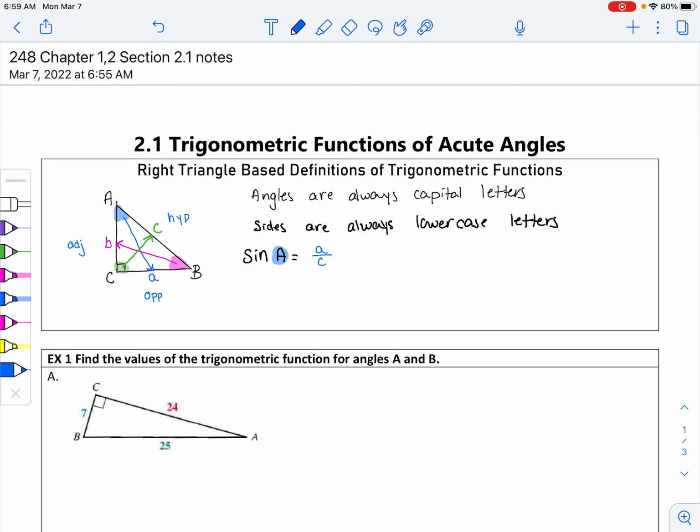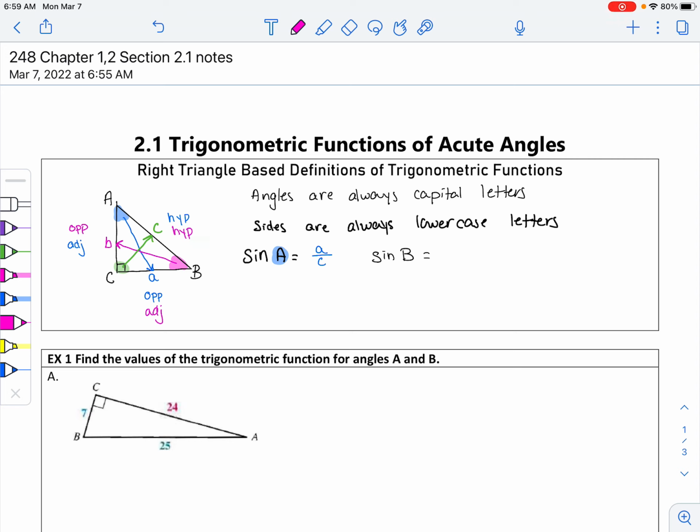However, if I asked you to do the same question, except I said sine of angle B, we would have to pay attention to from angle B. From angle B, side B would be my opposite, side A would be my adjacent, and side C would be my hypotenuse. That will never change.